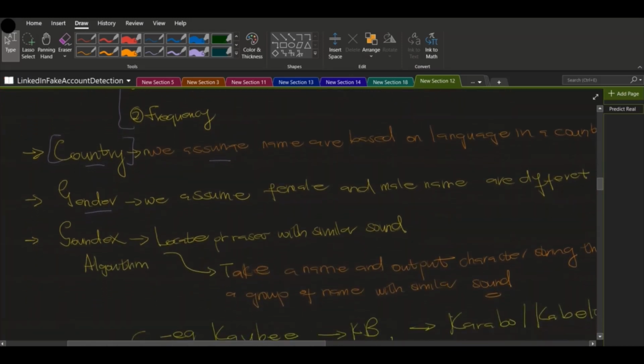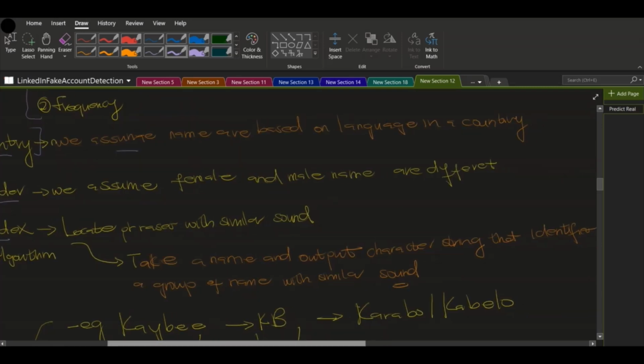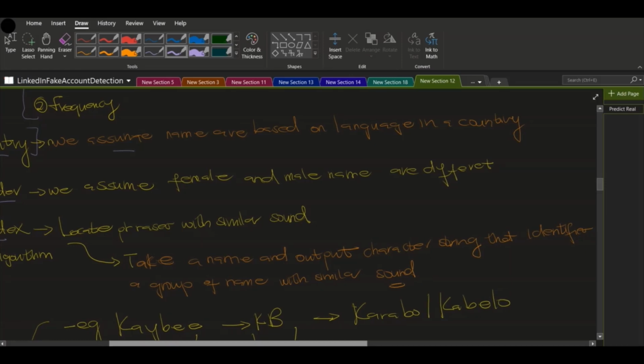Like I said, we can use something like Soundex. Essentially, it's an algorithm that takes two words and tries to output a similarity score based on the sound. For example, there are certain words that sound the same, but when you write them down, they don't necessarily look the same. So this is an algorithm we can use to know if these names sound the same.